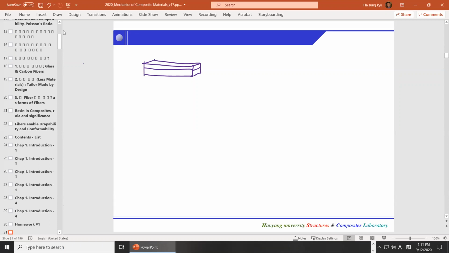This beam is subject to what we call in-plane load. The load is in the same plane as this beam. Let's call it N. And another load we apply is moment M. And then we want to calculate the strain and curvature of this beam.